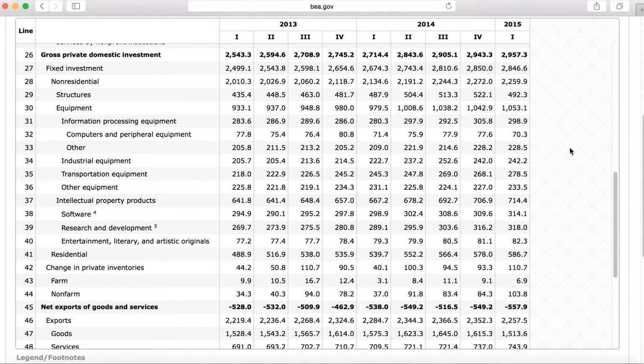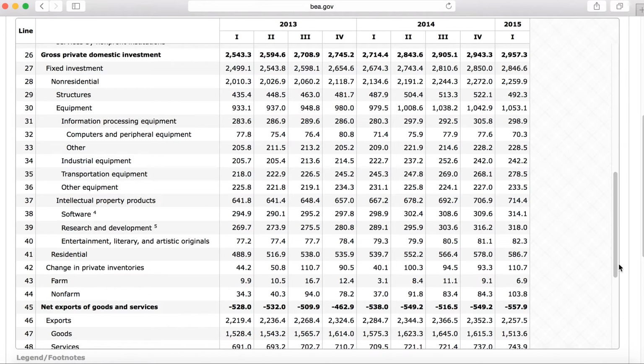Fixed investments for residential and non-residential, obviously the structure, the building, the equipment, the machines, the conveyor belts, the computers, the information processing, industrial equipment, the big robots, transportation equipment, forklifts, trucking companies, cargo liners, other equipment, intellectual property rights, software, research and development, entertainment. Oh, there's where all of that entertainment fits in.